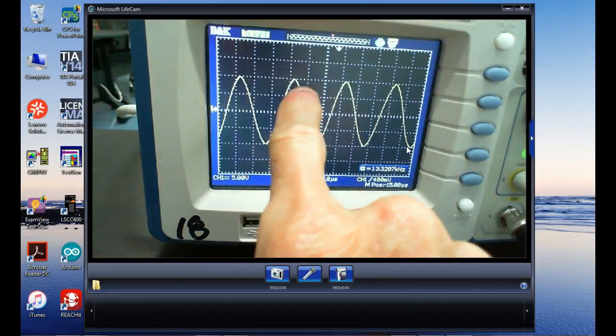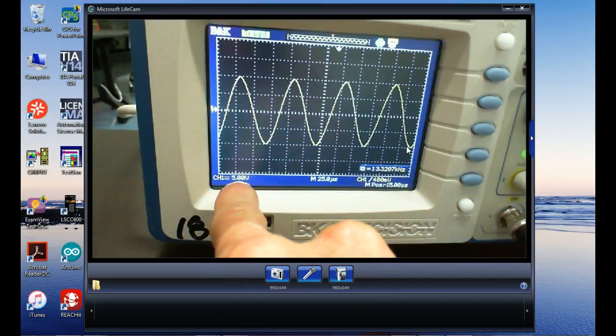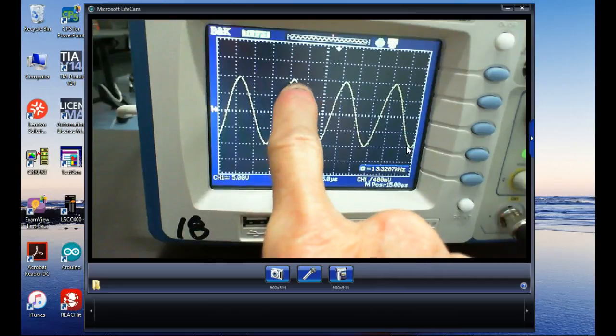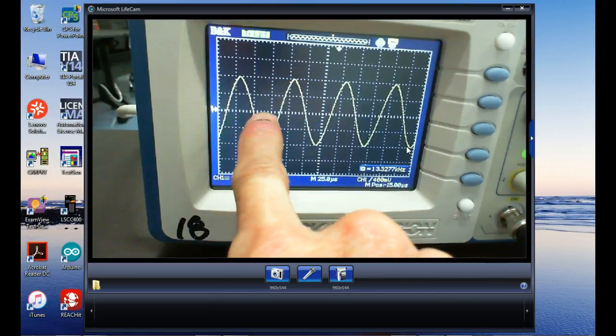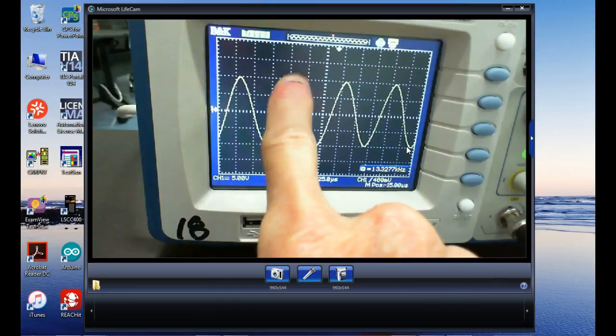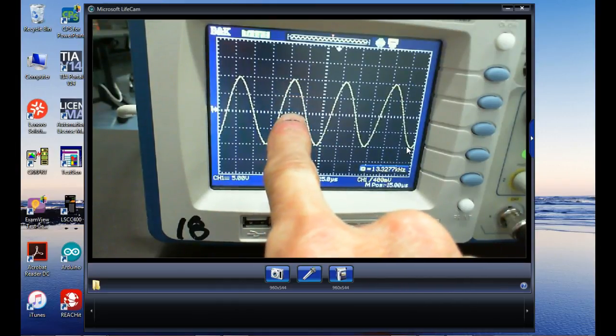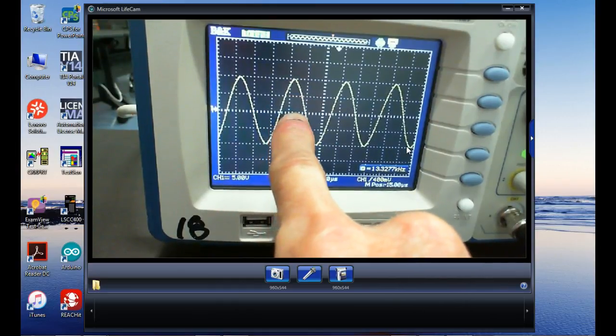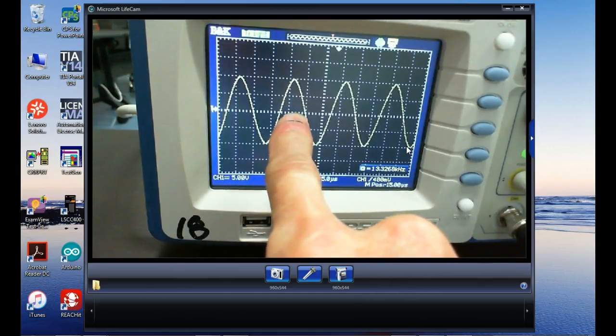So here's my voltage right here. It's 5 volts per division, so my peak voltage would be 10 volts, because that would be 5 volts, that would be 10 volts. If this is 90 degrees, the sine of 90 degrees is 1. If you multiply 1 times 10, you get 10.